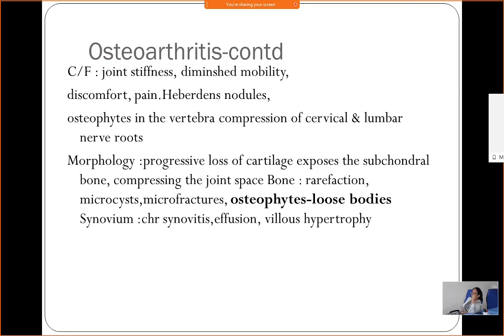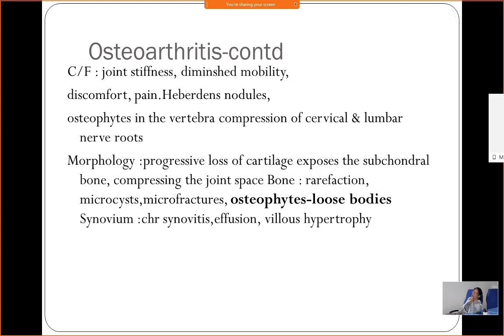But as the person ages, there is progressive loss of some amount of cartilage. Each time, due to minor wear and tear, there is loss of cartilage, and as time passes, when the cartilage is lost, the subchondral bone gets exposed. And when the subchondral bone gets exposed, there is compression of the joint space, and this subchondral bone undergoes rarefaction.